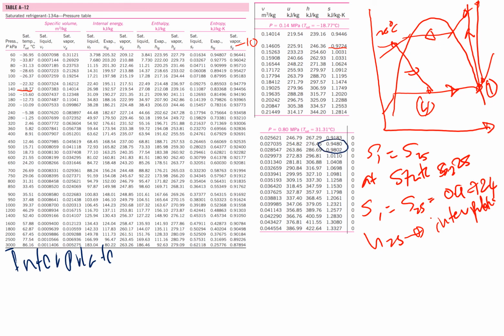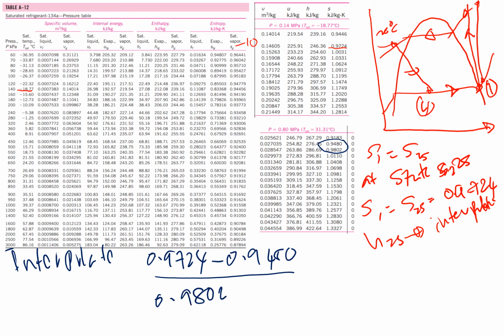So 0.9724 is between this one. Okay, so what you have there, 0.9724 minus 0.9480 over 0.9802 minus 0.9480.